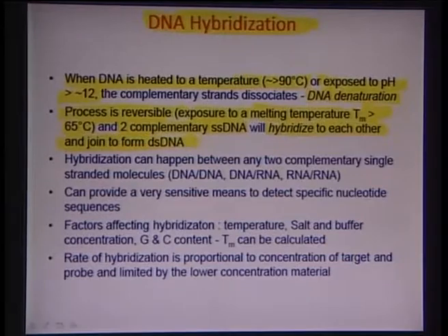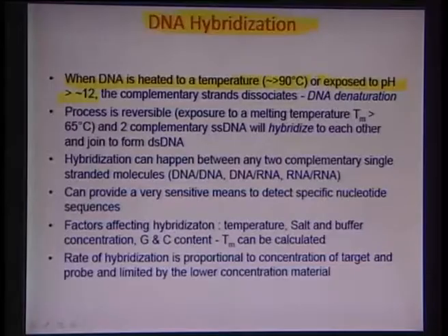Hybridization is essentially the joining of two single stranded DNA molecules at a certain melting temperature, which is about 60 degrees or a little more, for the molecule to be integral again. There is a development of hydrogen bonds between the different base pairs, and the strands join together to form a double stranded DNA molecule. So this is what hybridization essentially is.